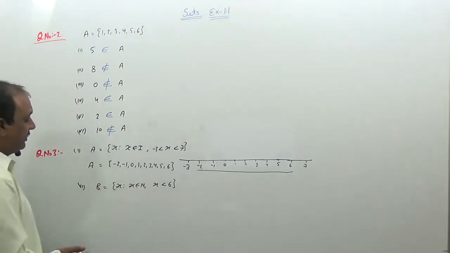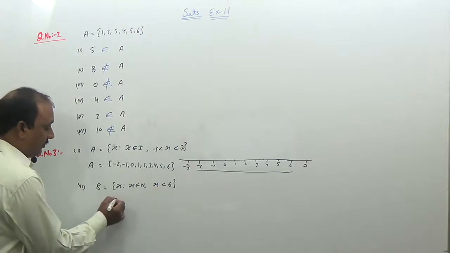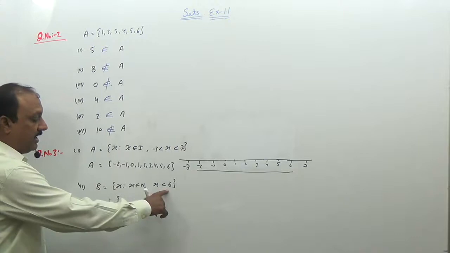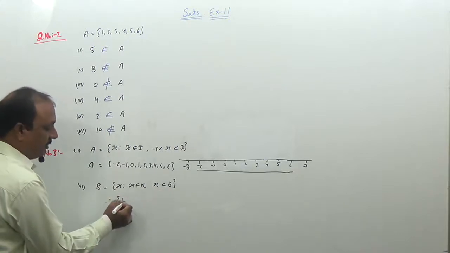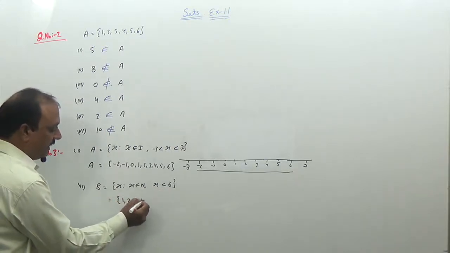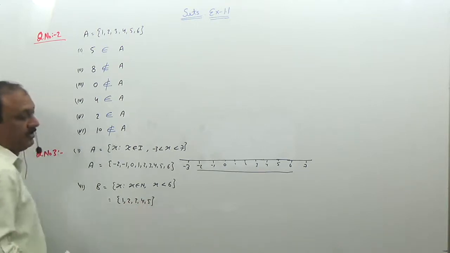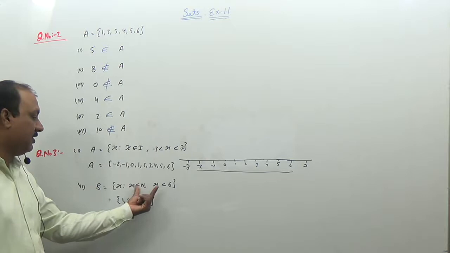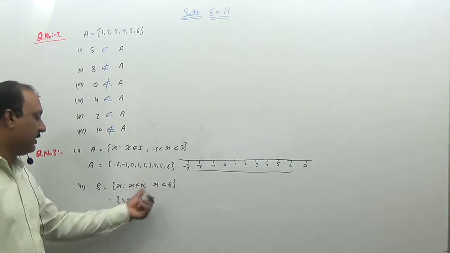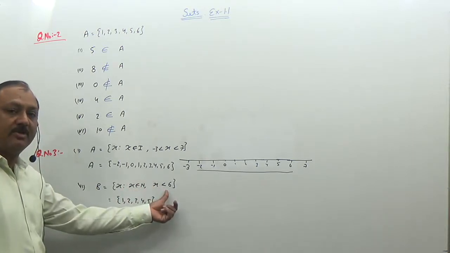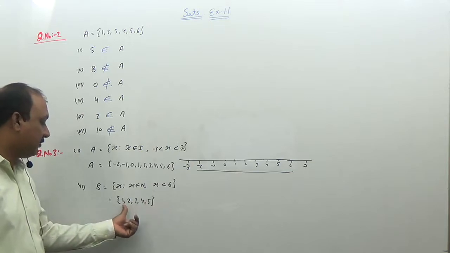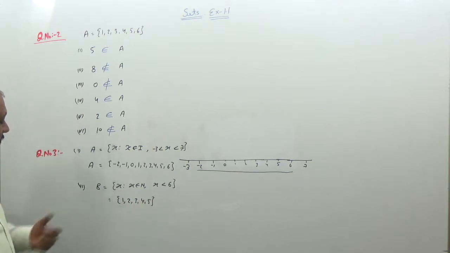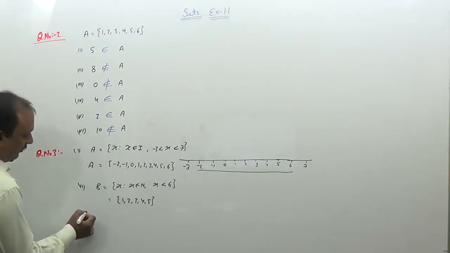We want to write this set in the roster form. So we want to write all natural numbers which are less than 6. The lowest natural number is 1, so 1, 2, 3, 4, 5. These are the elements, so this is the roster form.